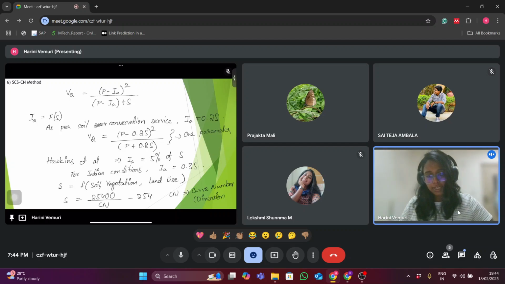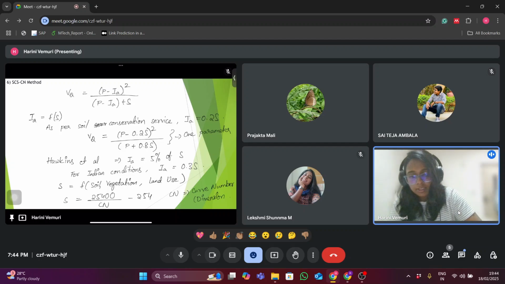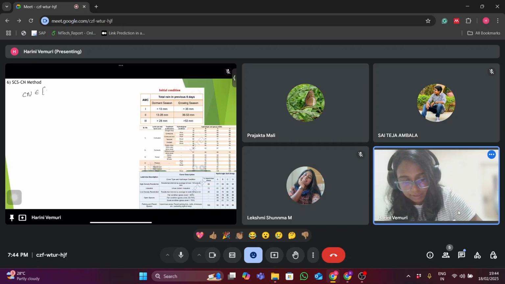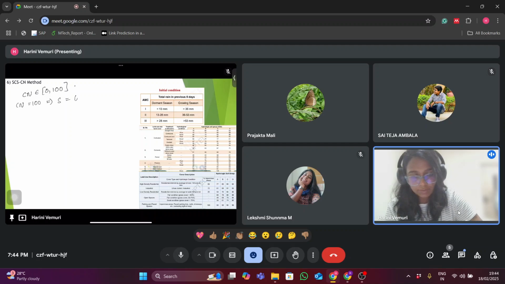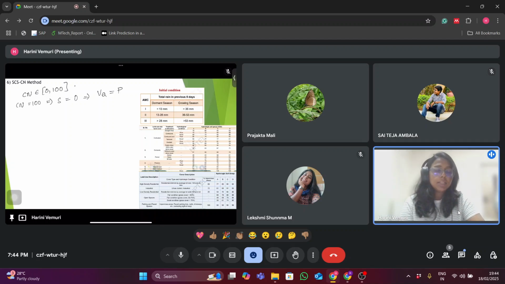Generally for any region, the curve number value will be between 0 and 100. When the curve number is equal to 100, substituting in the formula, the maximum potential retention becomes 0 and the runoff volume becomes equal to precipitation.